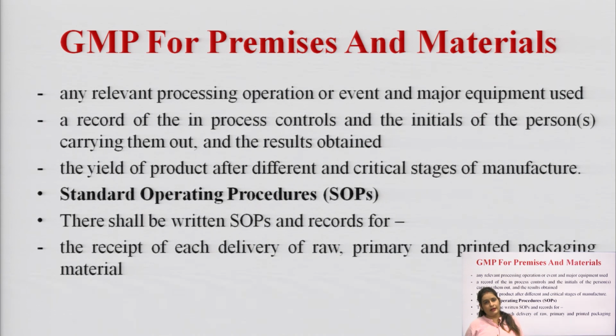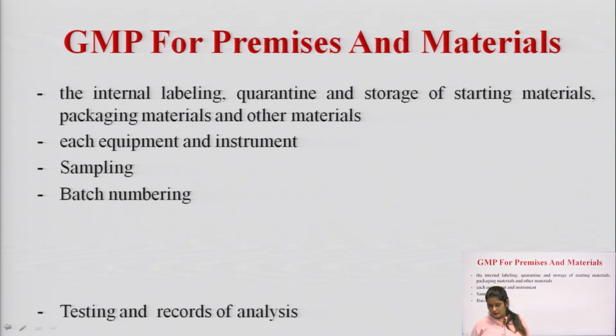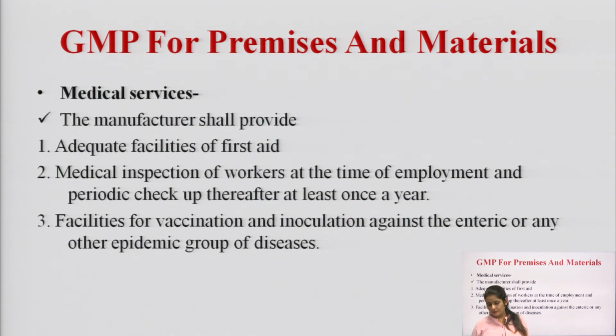Apart from the batch processing record, standard operating procedures shall be written and recorded for sampling, batch numbering, testing and record of analysis, reference samples, internal labeling, quarantine and storage of starting material, packaging and other material, and each equipment and instrument. These all require a proper standard operating procedure.